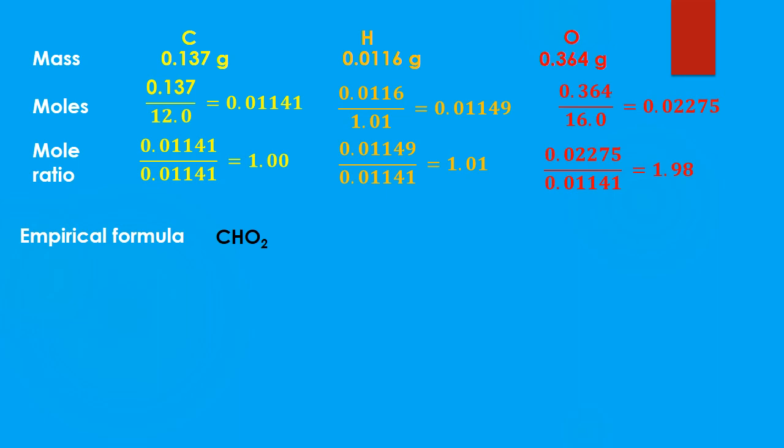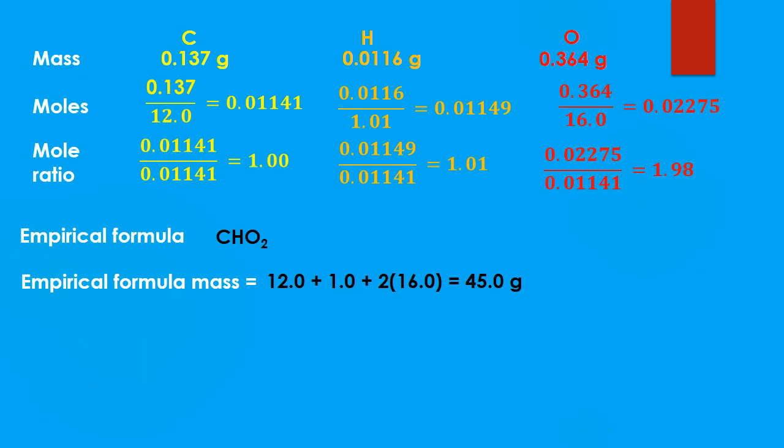To find the molecular formula from the empirical formula, we must know our empirical formula mass. That's 45.0. And we were given the molar mass of the compound previously in the question: 90.04 grams per mole.